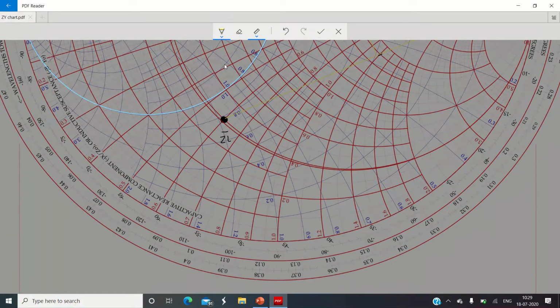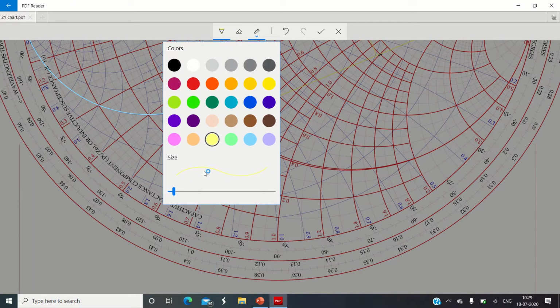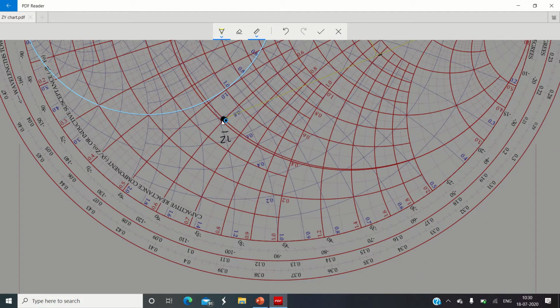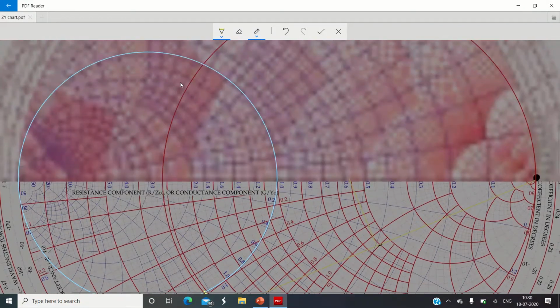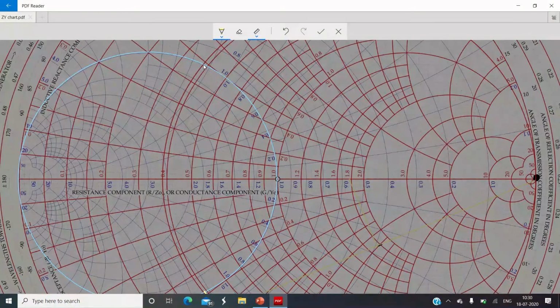Okay, and then I will draw it again. Say from ZL, I will trace. Here you will get an intersection. And if you go continuously in the upward direction, tracing that circle, again you will get an intersection at this particular point.